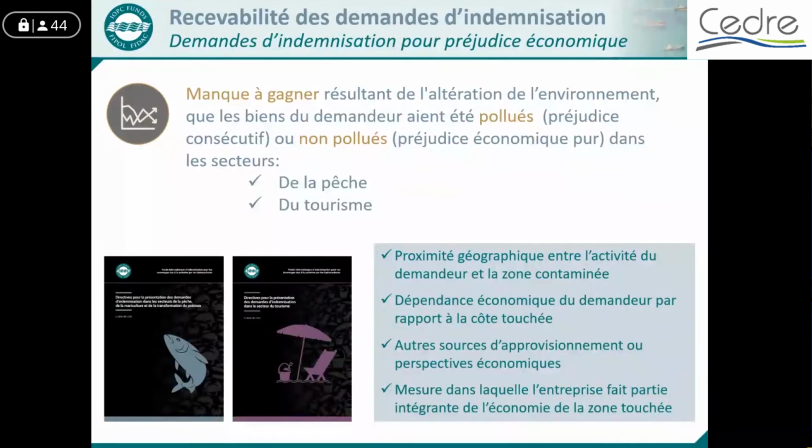Likewise, when your facility or your equipment or the site where you are, where your company is, has to close. That can be the case for fisheries and for tourism. I won't go into detail, it would take me too much time, but these are the two sectors where the most experience has been gained.